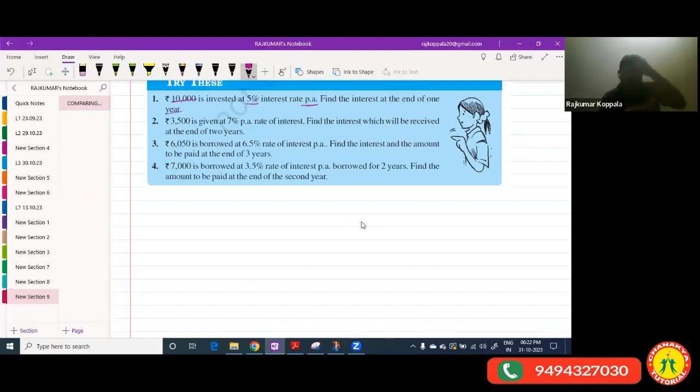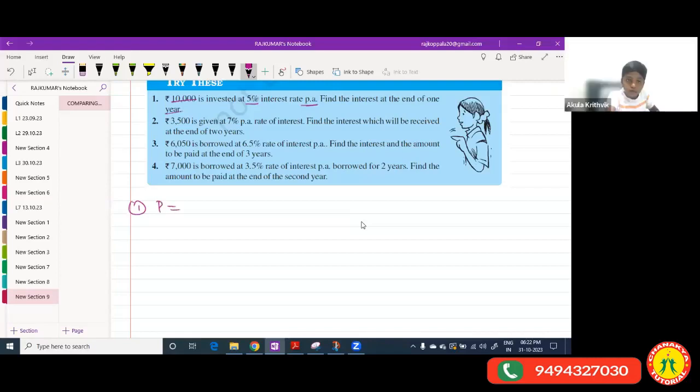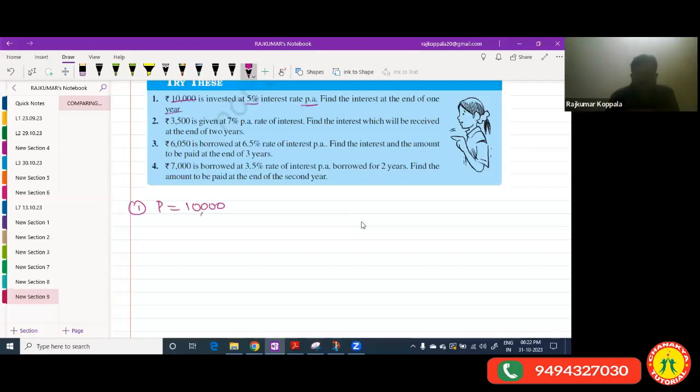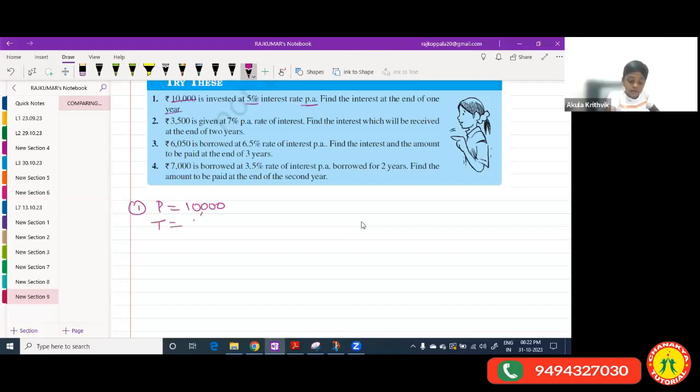Tell me, what is the P here? First question, what is the P? 10,000, right. What is the time? Per annum, 1 year.